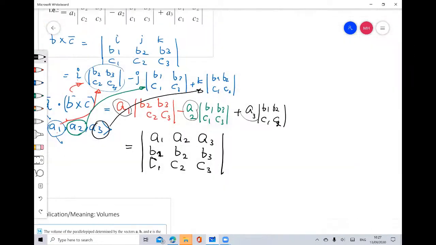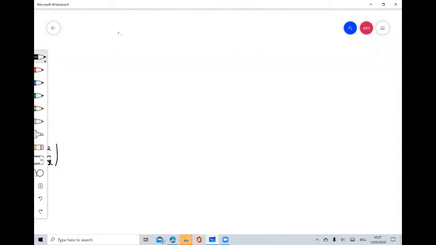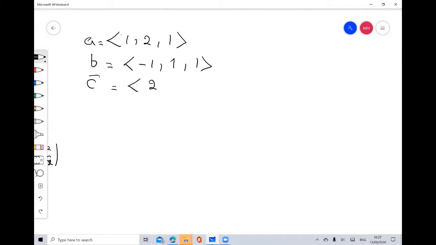If I have three vectors, A, which is for example 1, 2, 1, and vector B, which is negative 1, 1, 1, and C, which is 2, 1, negative 2.